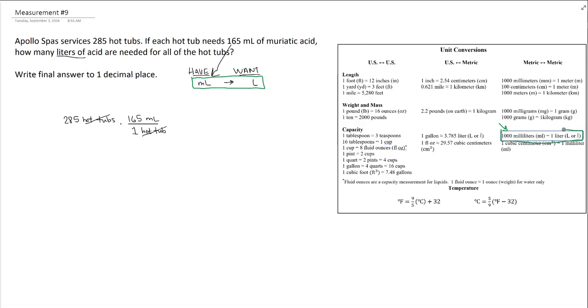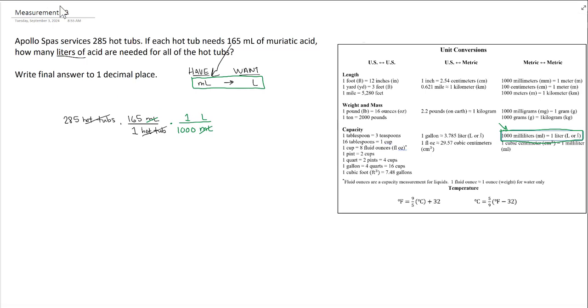So since I have milliliters and my milliliters is in my numerator, I need to put milliliters in my denominator, and I want to change that to liters so that the milliliters will cancel out. Since the 1,000 is associated with milliliters, I'm going to put that in my denominator and 1 liter in my numerator.